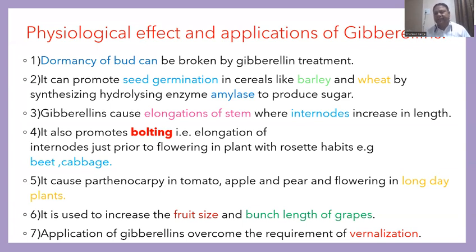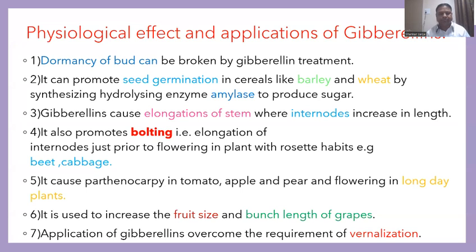Those plants are called long day plants. Means they require more day length than the critical photo period. But by applying gibberellin, we can make the flowering happen in a long day plant.